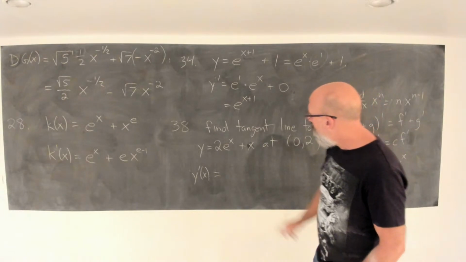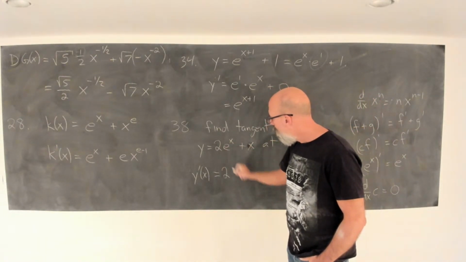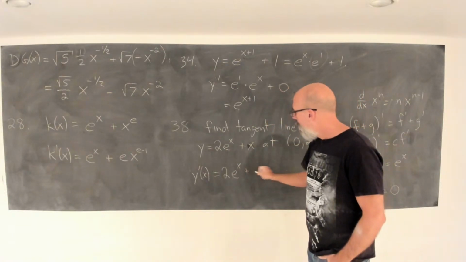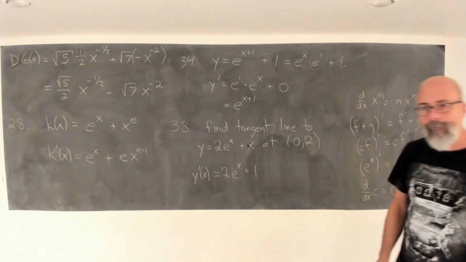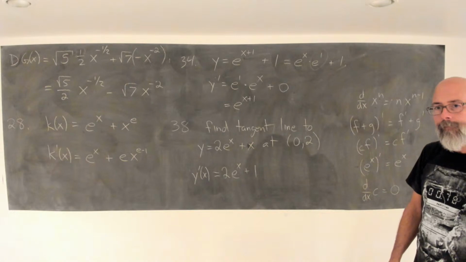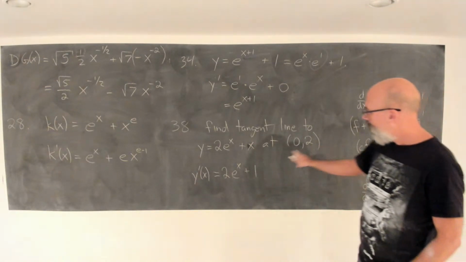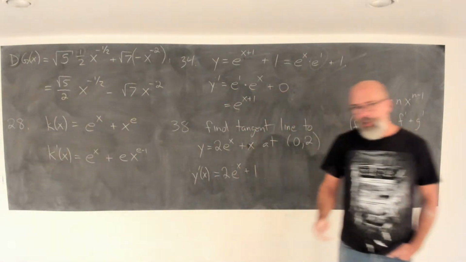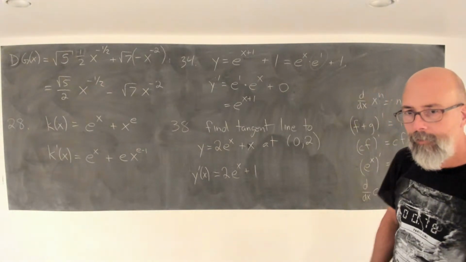What is the derivative? We'll forget this 2 and just differentiate e to the x. The derivative of e to the x is e to the x, plus the derivative of x is 1. This is the rule which gives us the slope of the tangent line at every single point.